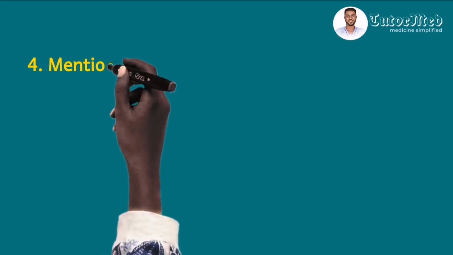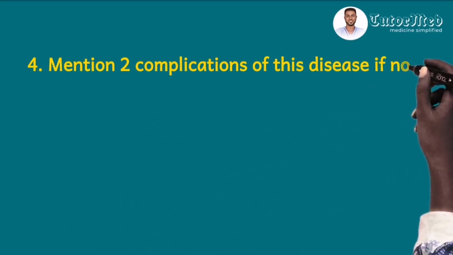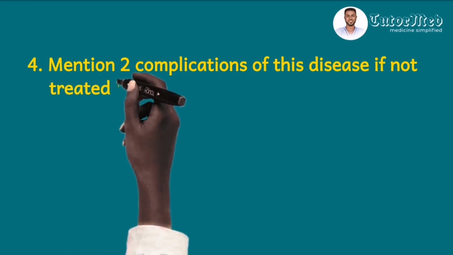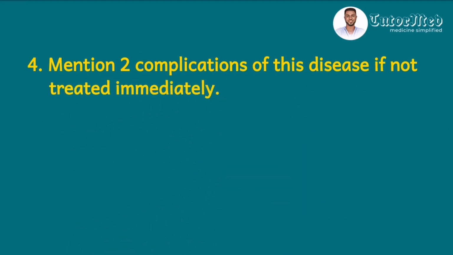Good. And so the last question says, mention 2 complications of this disease if not treated immediately. Now please remember, it is a systemic illness, and so it can have an effect on almost every organ. And so beginning with the head, it can cause meningitis, it can cause cerebral abscess, it can result in encephalopathy. All these conditions can ultimately cause seizures in this patient.